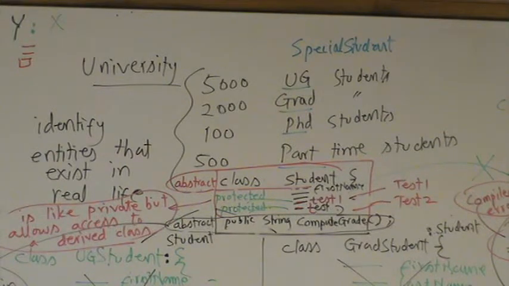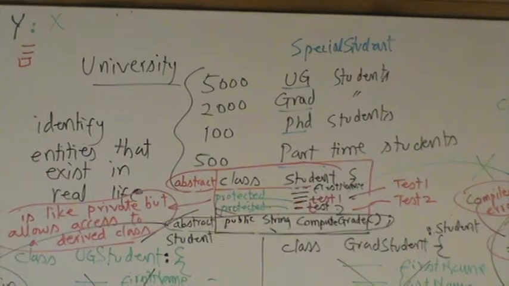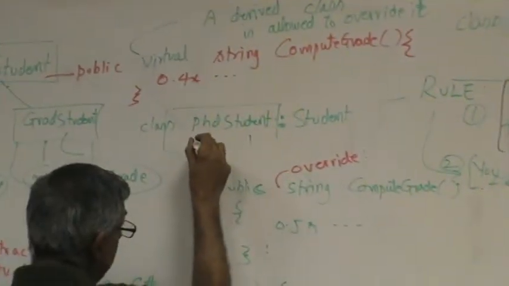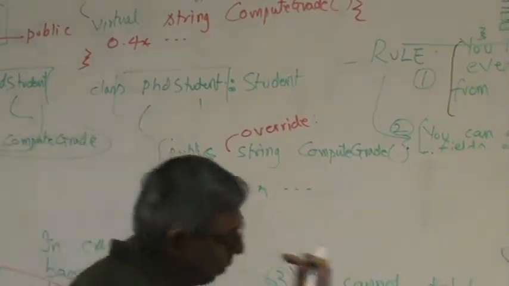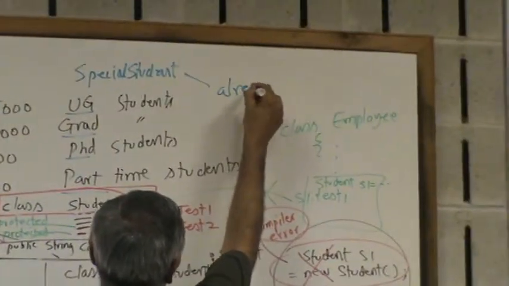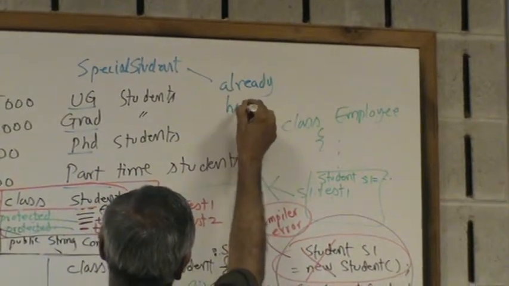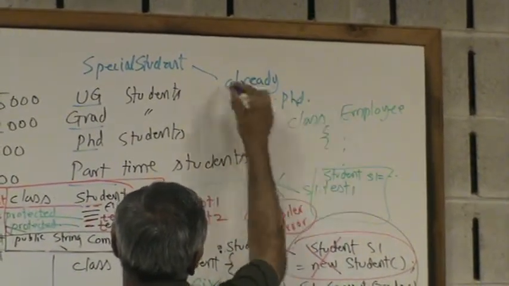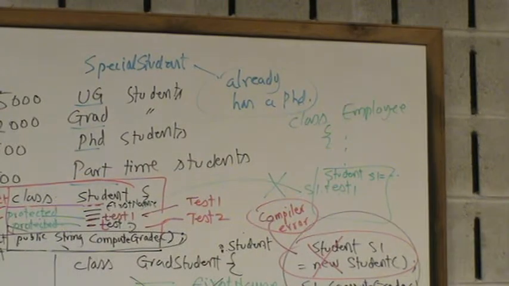So, and let's pretend the special student also will have, for whatever reason, the same fields, or let me make an exception. The special student, let's pretend, already has a PhD, but wants to take a course to increase their knowledge, right?